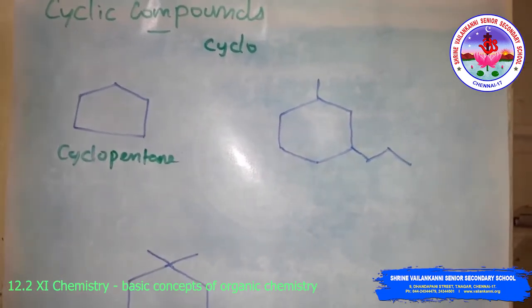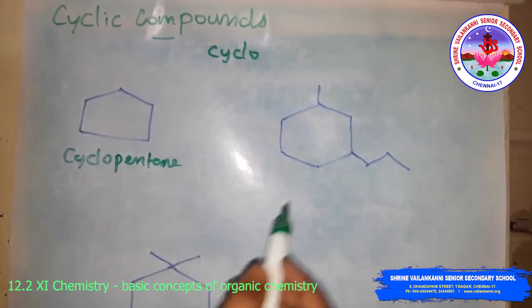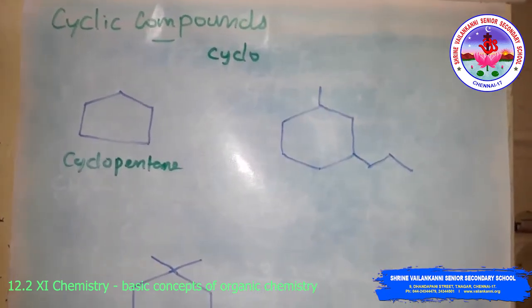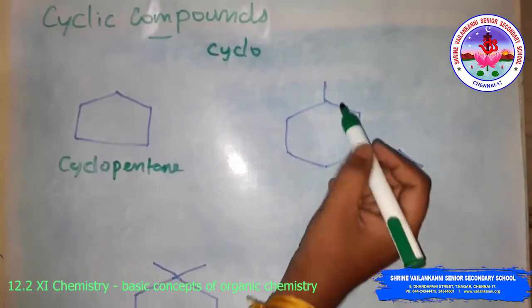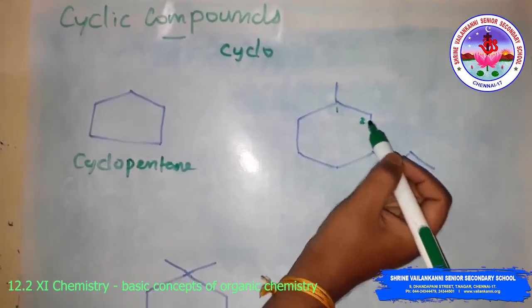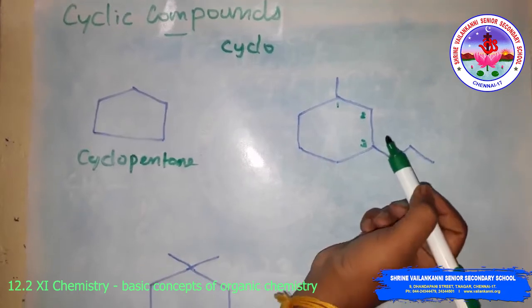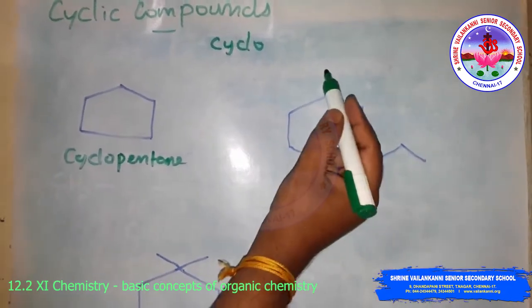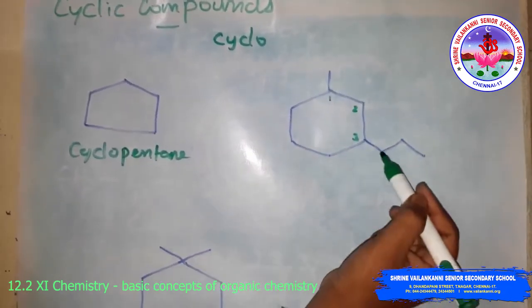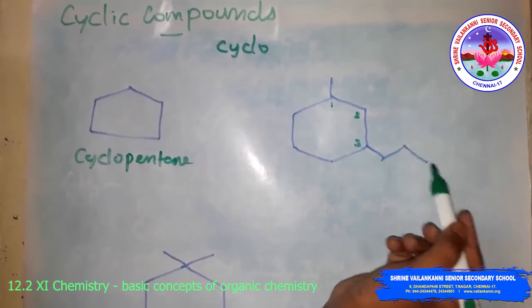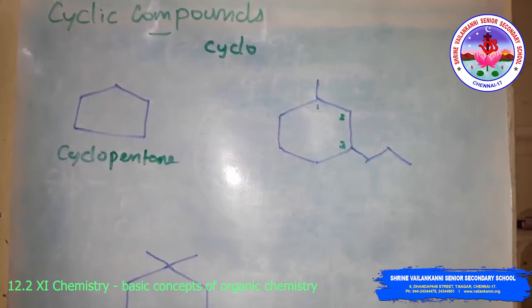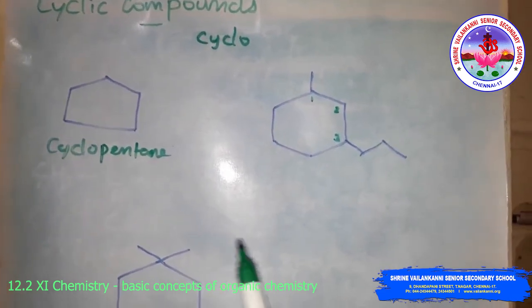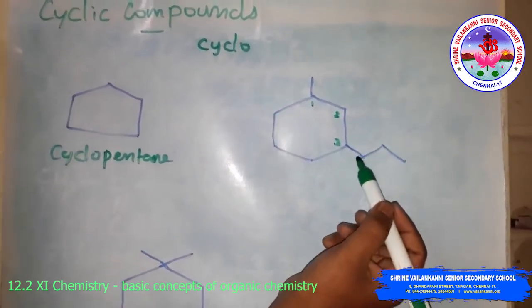Then look at this, the alphabetical order of numbering. Look at this compound. You have to give 1 2 3. Here the first position having methyl, and this having one CH2 group, and another CH2 group, and this is a methyl group. This is third position, 1 2 3.